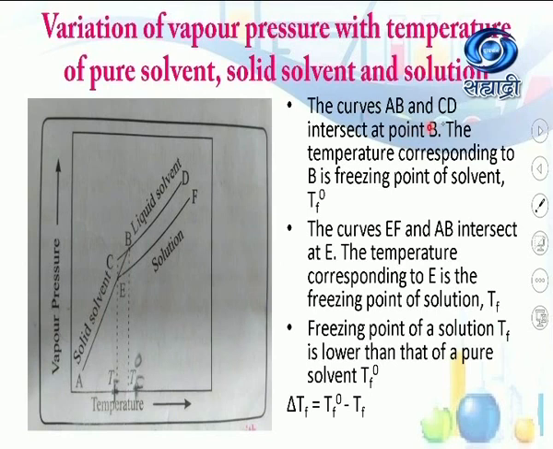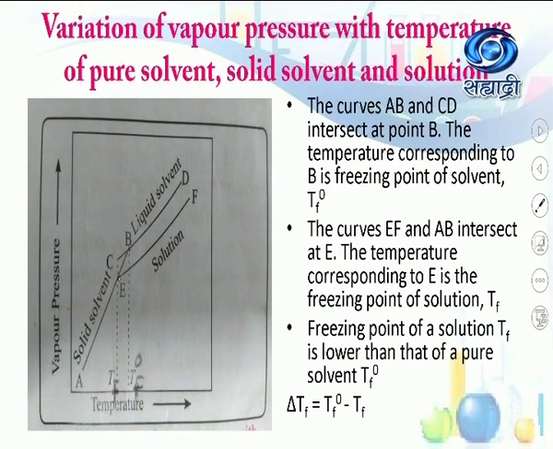See here, the curves AB and CD intersect at point B. The temperature corresponding to B is the freezing point of a solvent Tf0. Why is this a freezing point of a solvent? Because at this temperature, at Tf0, the vapor pressure of a solid solvent and the liquid solvent is same.